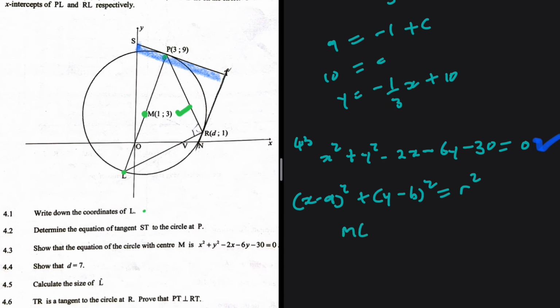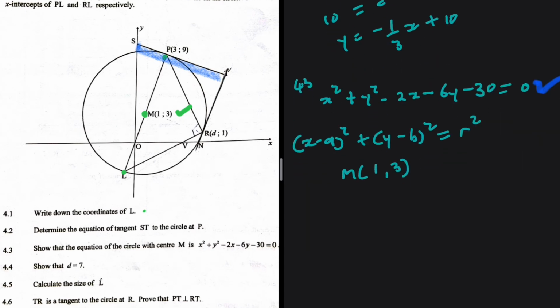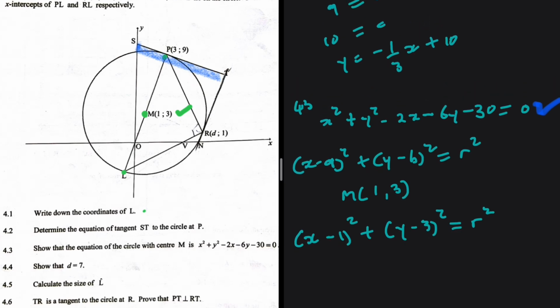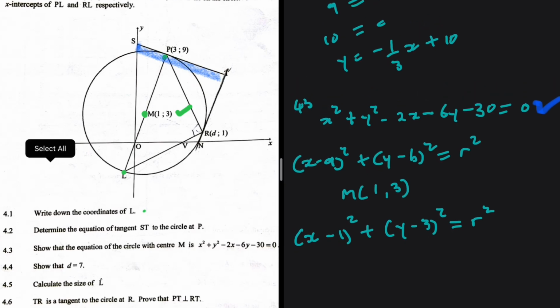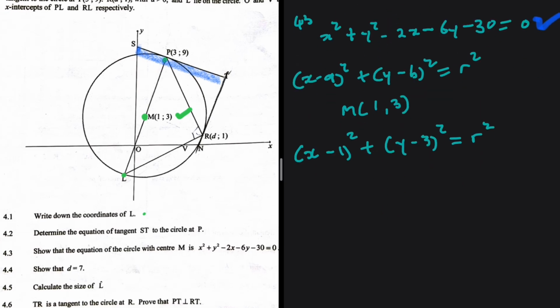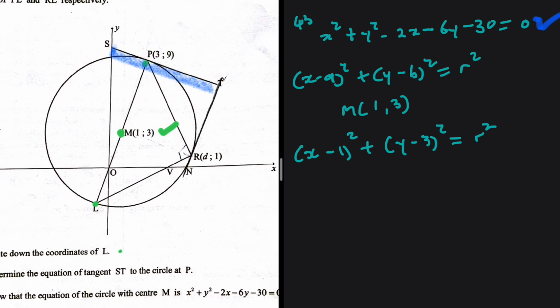So our center is M, right? 1 and 3. So we're going to have x minus 1 squared plus y minus 3 squared equals r squared. Do we have the radius? Okay, we don't have the radius at this point, but obviously we can find the radius. Let me find the radius, right? We can use MP, because MP is the radius.